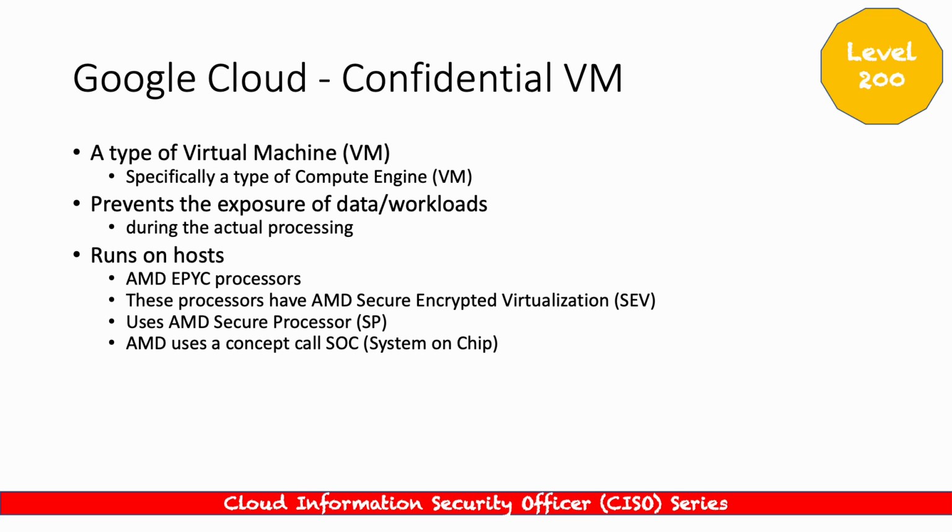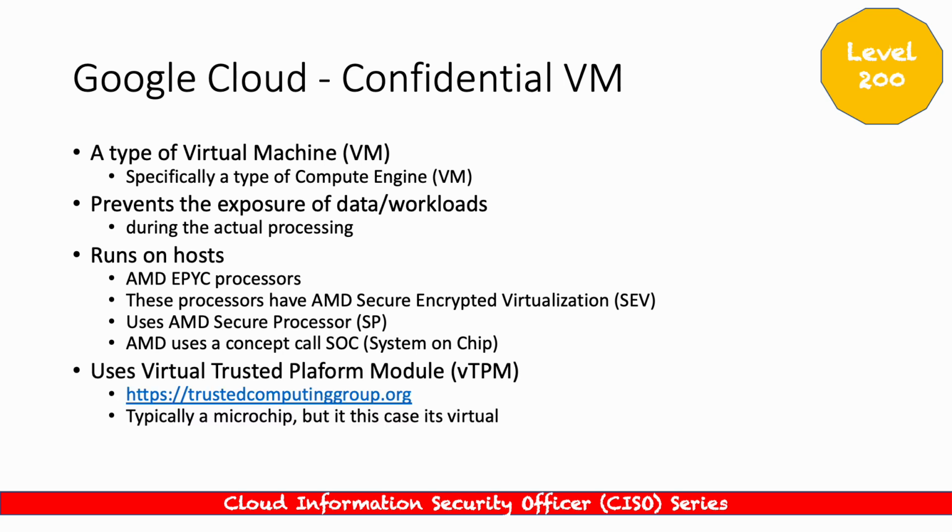They have AMD SEV, which is Secure Encrypted Virtualization, and these hosts use the AMD Secure Processor, and a concept called system on a chip, right? We're going to dive a little deeper into these concepts, but for now, think of it as running on a host that has a lot of AMD chip-oriented components. We're going to get to these in later slides.